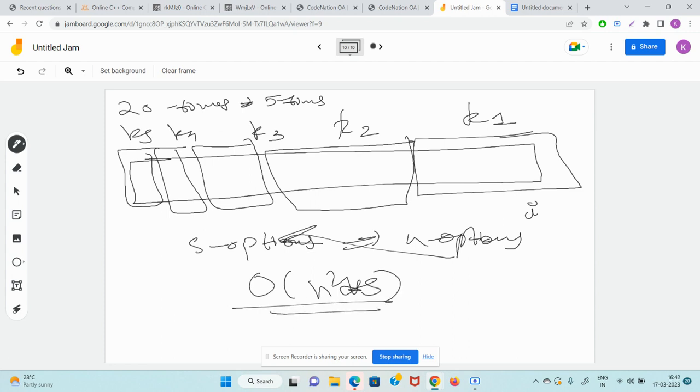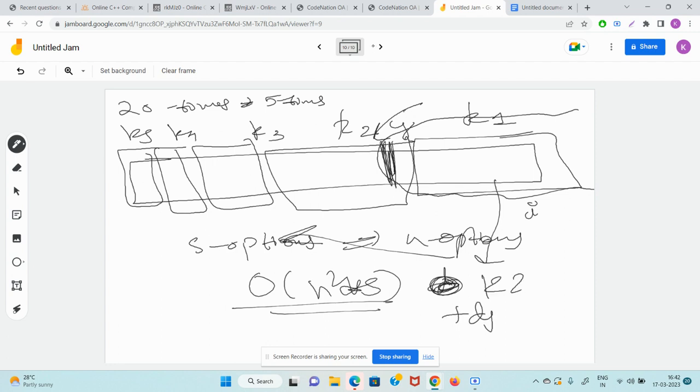So say you know that this part has K2 as the answer. What you can do is take the first element of K2 and put this in the last part. Say this index is y. The answer will be the OR of all numbers from y to that, which is K2, plus dp of y minus 1, j minus 1.